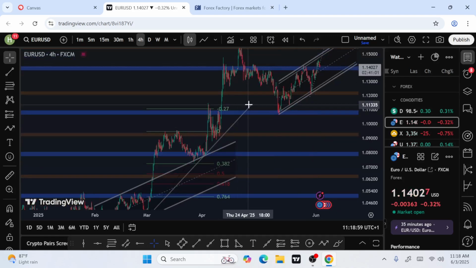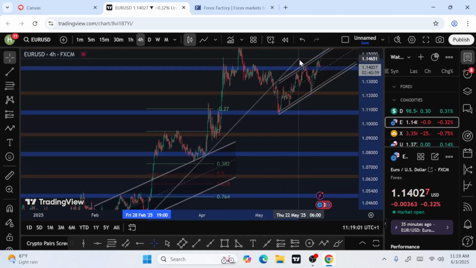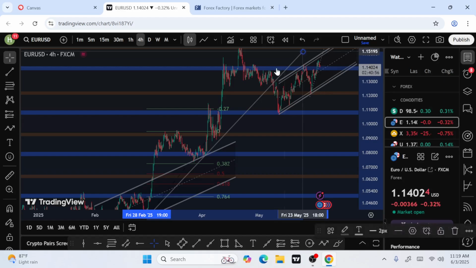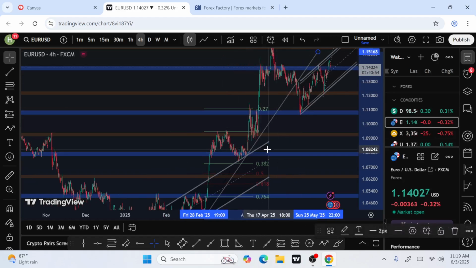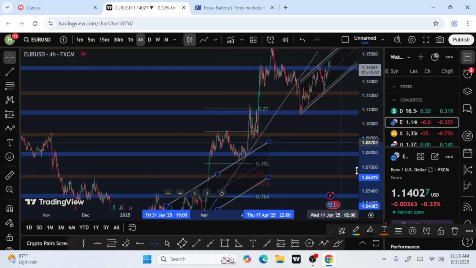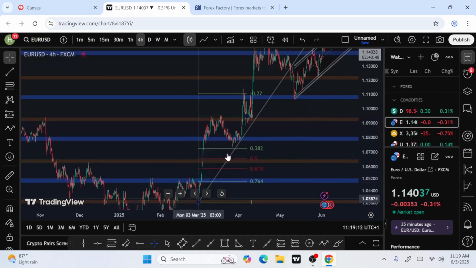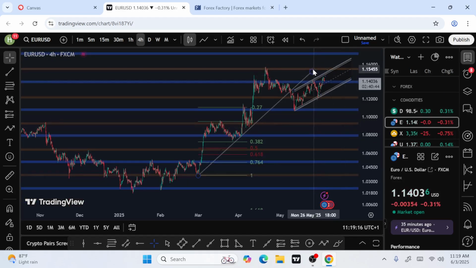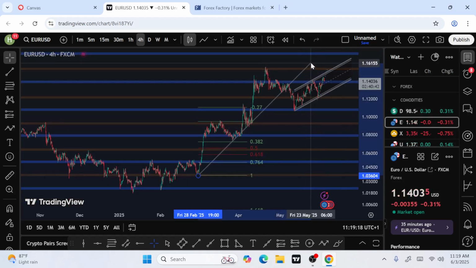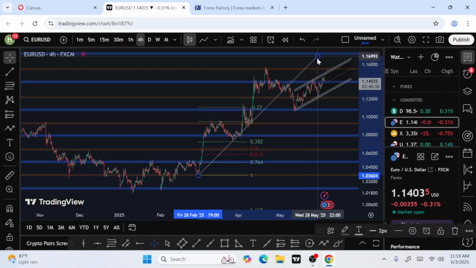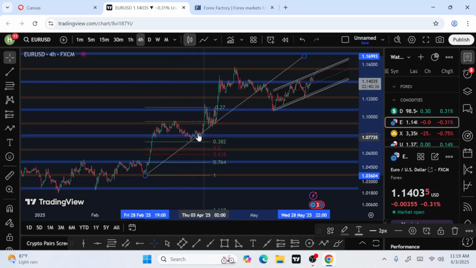To monitor the movement of this trend. You touched it. Let me take this off. First point, second point, and straight into the future. Okay, we are talking about this. Let's say this. But what happened here?